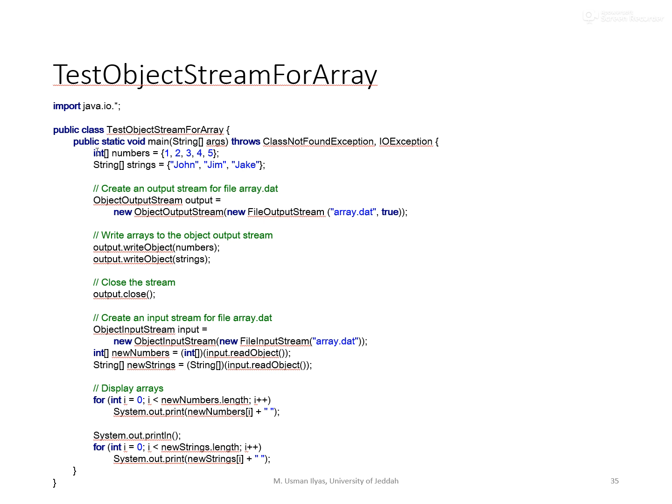Let's say we have a main method, and we create an integer array called numbers, and we have another array of strings called strings with a small s, containing 3 strings: John, Jim, and Jake. So I want to write these 2 arrays to a file. So I open up an ObjectOutputStream. I create an ObjectOutputStream object, call it output with a small o, and I use the write object method to write the numbers array and the strings array to file.